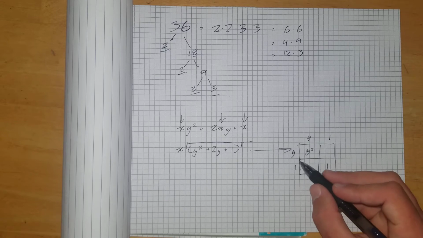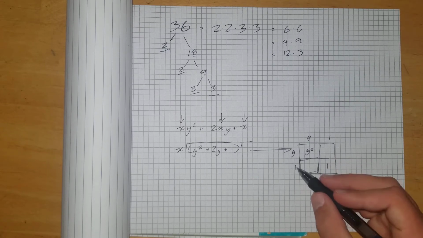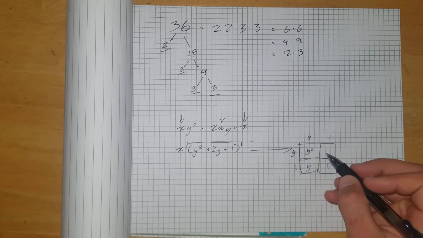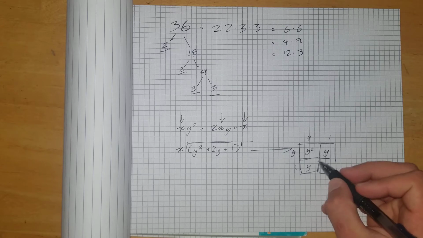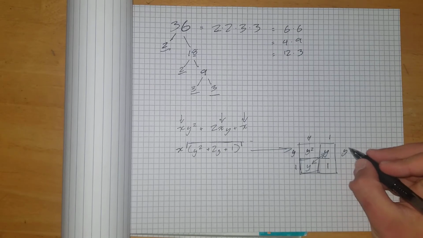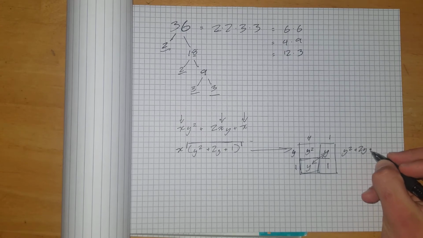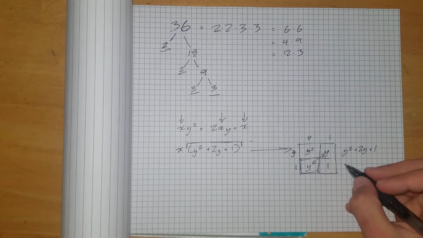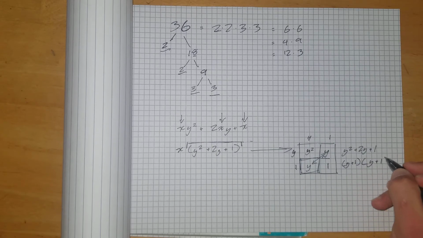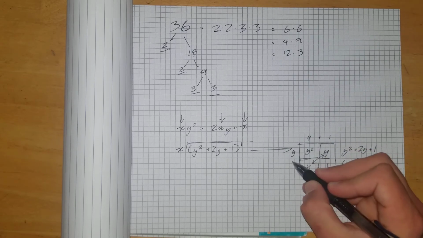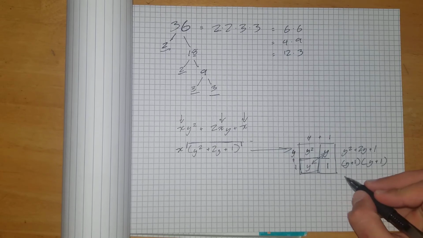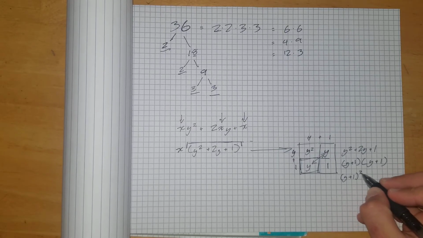So now let's fill in this box. 1 times y equals y, and 1 times y equals y. If you add these two together, you get 2y. So y squared plus 2y plus 1 we got by multiplying y plus 1 times y plus 1. Obviously this is multiplying the same thing twice, so I can write it as y plus 1 squared.